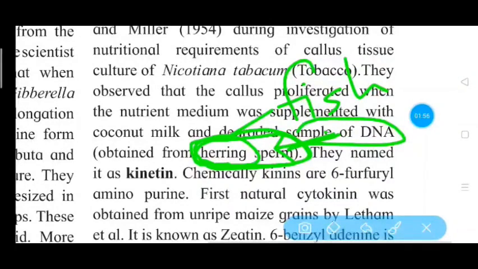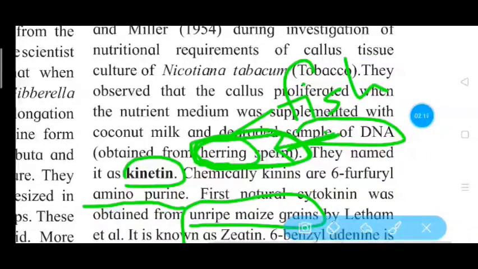That was named kinetin. Chemically, kinins are 6-furfuryl aminopurine. The first natural cytokinin was obtained from unripe maize grain by Latham. Remember this one.